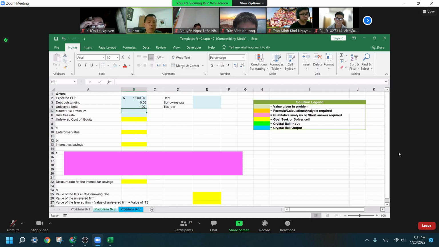If you continue reading the case, they will say that the market risk premium is 5% and the risk-free rate of interest is 8%. So market risk premium 5% and the risk-free rate is 8%.